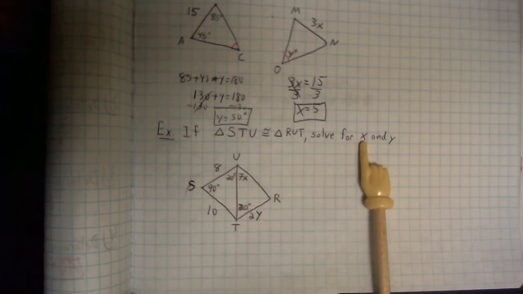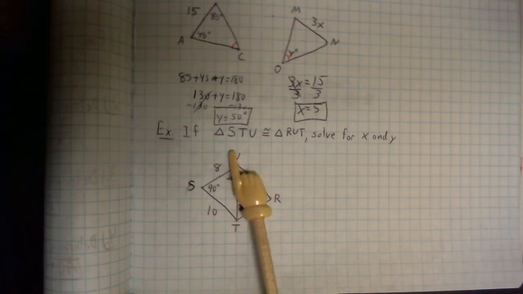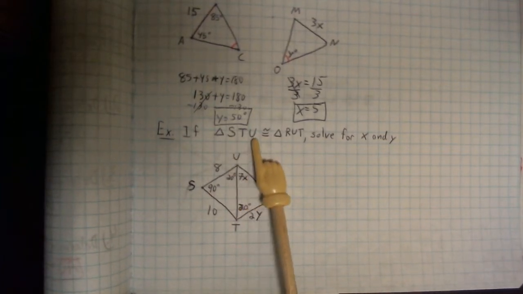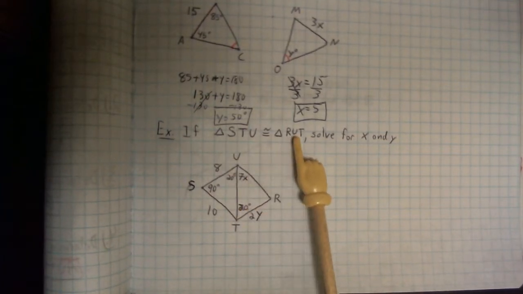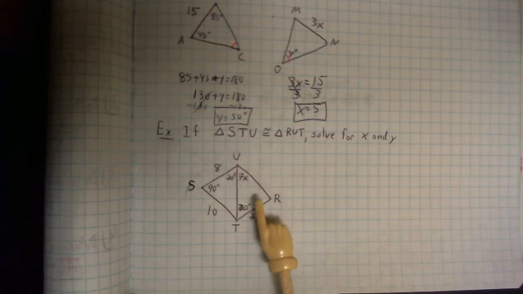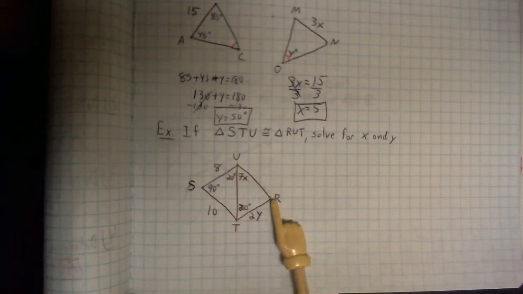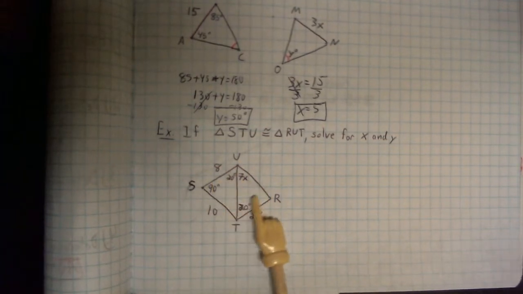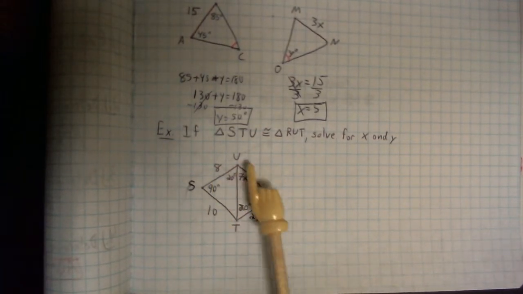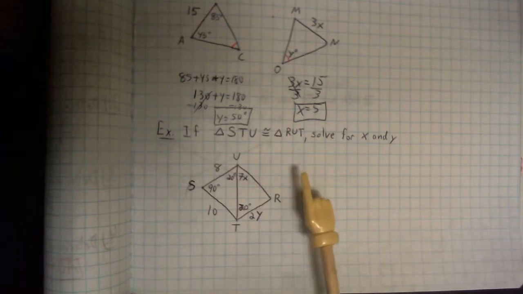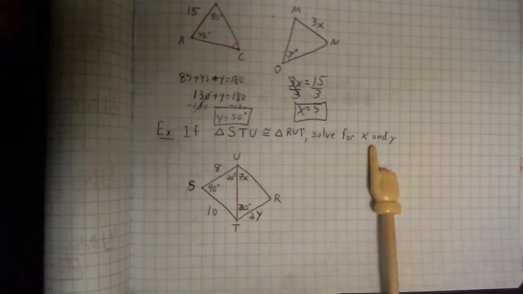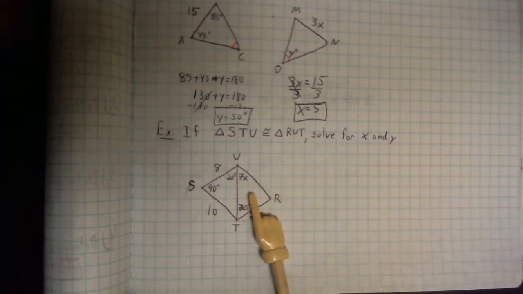First of all, we're trying to solve for x and y. And we notice that we have triangle STU congruent to triangle RUT. Okay, well, if I look at that STU versus RUT, these triangles are kind of flipped. So I'm going to definitely want to trust my valid statement for this one. Looking for the value of x.